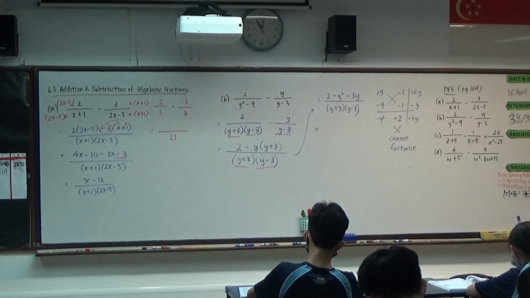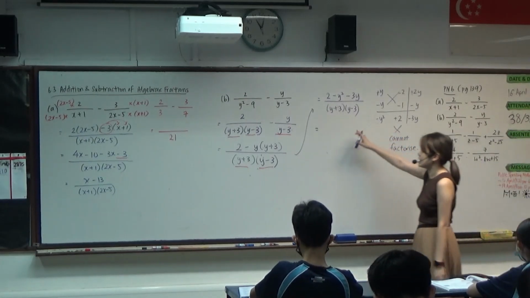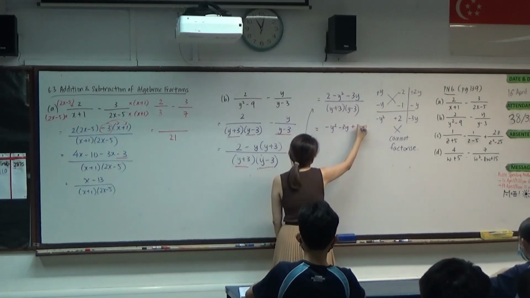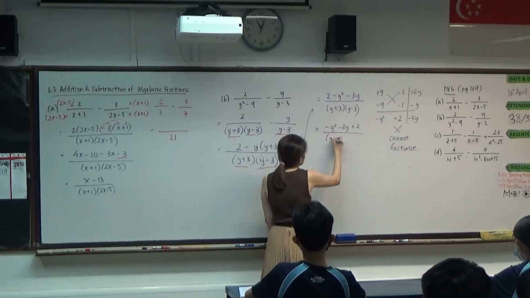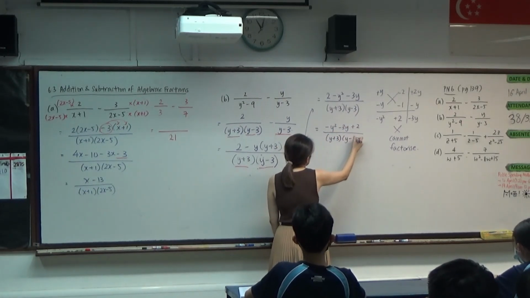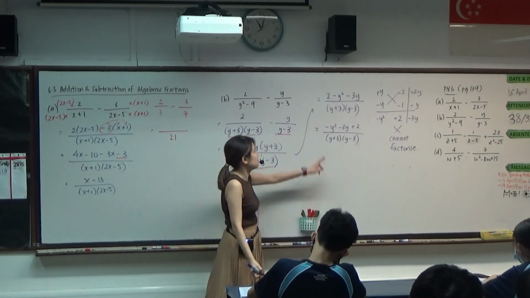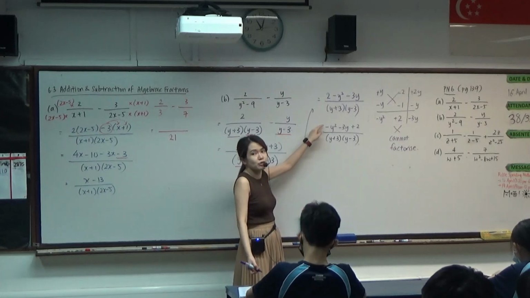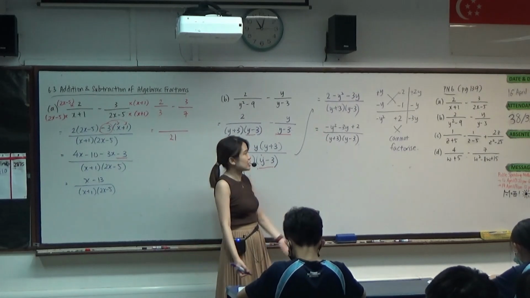Other ways of writing this answer, you can write it as negative y squared minus 3y plus 4. That's one other way. But make sure that all your negative signs and positive signs are on top of the numerator, on top of the fraction line.